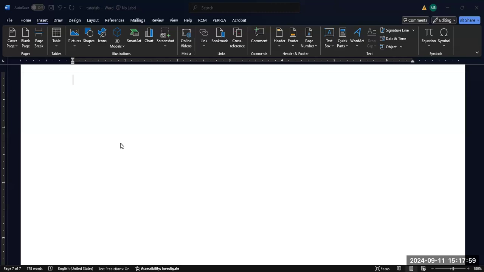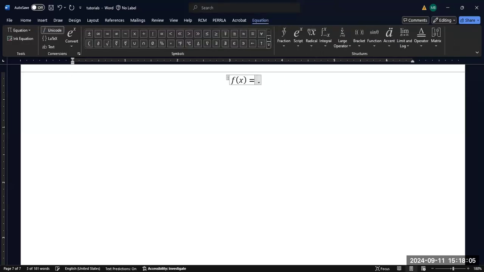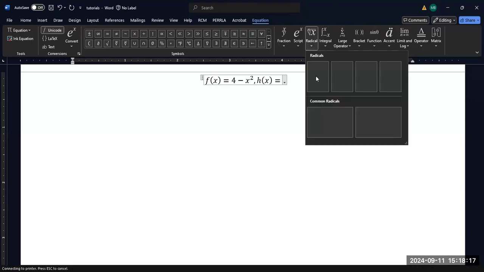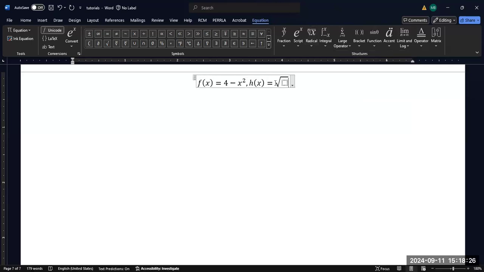So we're going to have f of x is equal to 4 minus x squared, and h of x is going to be the square root of 9 minus x.